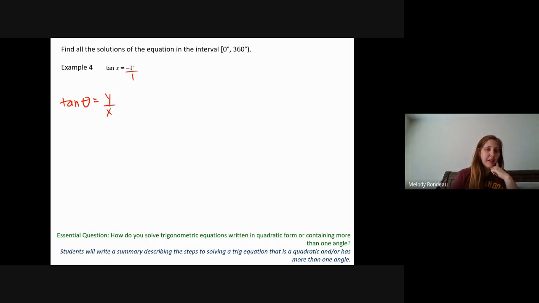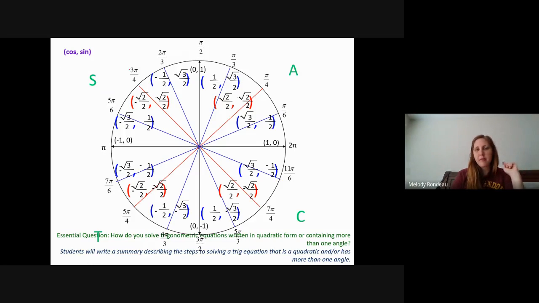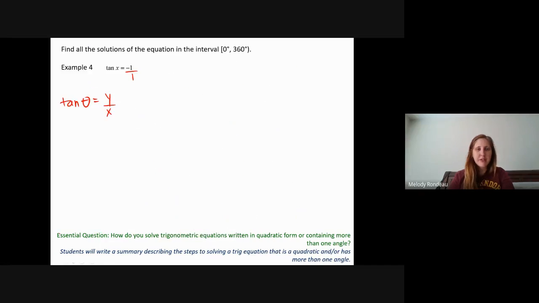If I look for -1 and 1 specifically on my unit circle, if you look at all those numerators all the way around, no pair says -1 and 1. So we have to have a different method. If none of those match, we have to be able to still figure this out. So if you think about where this came from, -1 over 1, I could rewrite that fraction as -5 over 5, and that would be equivalent.